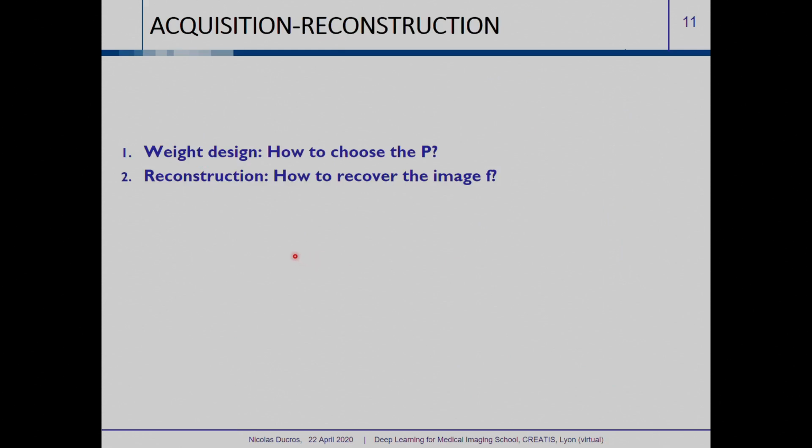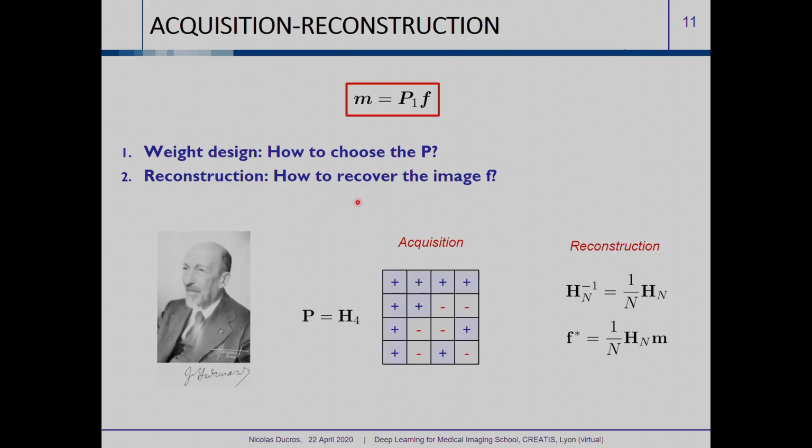So first question, how to choose the patterns. Second question, how to recover the image F. This is a bit specific to the problem we are discussing here, but I'm going to mention it very briefly. This problem has been addressed by Jacques Hadamard, the French mathematician who made major contributions in number theory and partial differential equations.